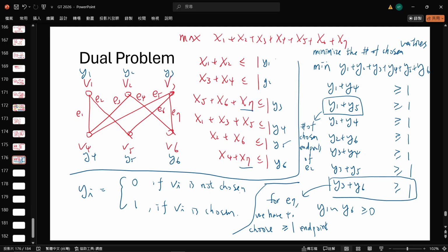So that's the dual problem. Okay? And I think we all know that this is just the vertex cover problem, where we say that we cover an edge by choosing endpoints, okay? So this is how we get vertex cover from matching, by applying this primal-dual transformation.